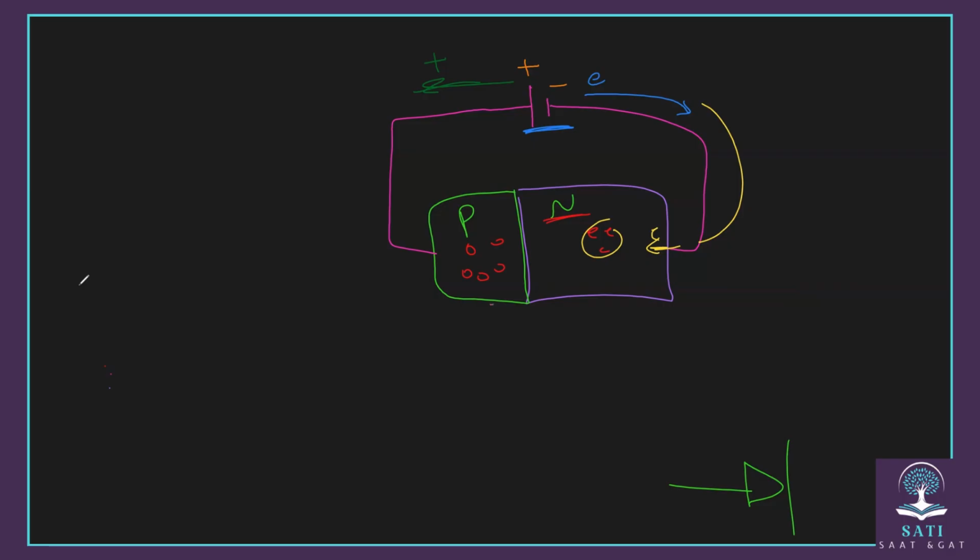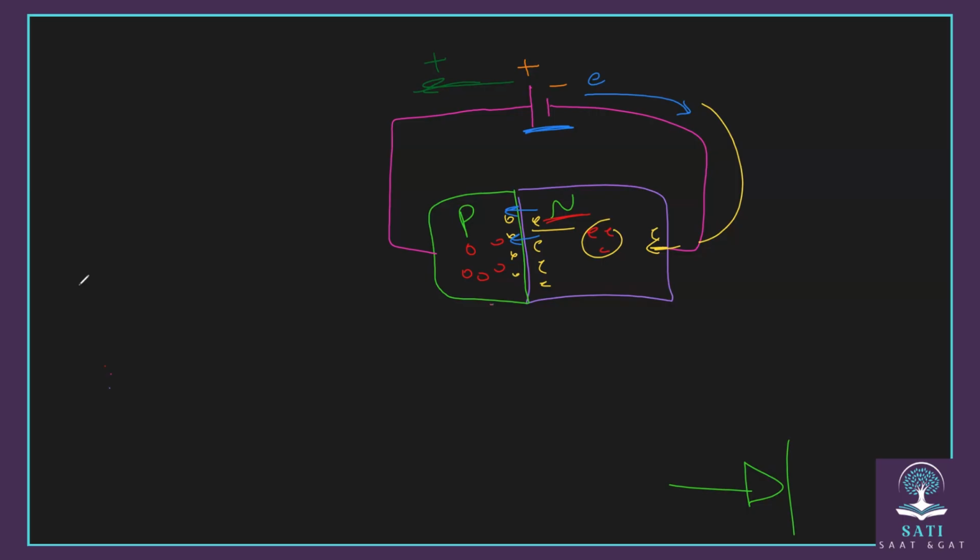When they repel each other, these electrons will go there, and these holes will move here. So the electrons will go from the N type to the P type, because the electrons are there exactly in the same direction.